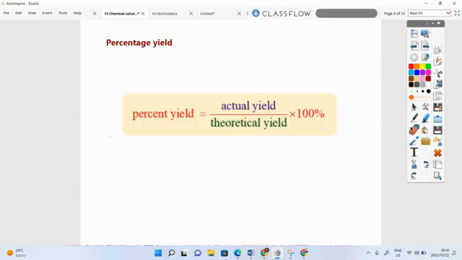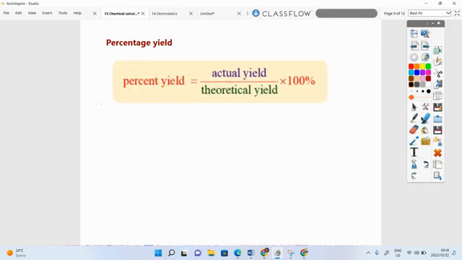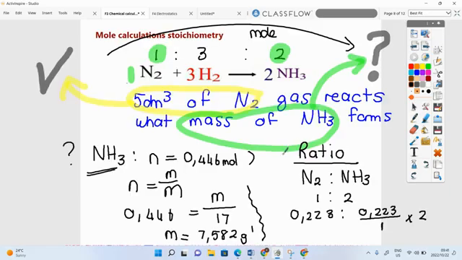Okay, guys, last thing. The last thing that you learned in this chapter is percentage yield. So please, logic should prevail here. In this question, what we worked out is that 7.582 grams of NH3 was supposed to form.